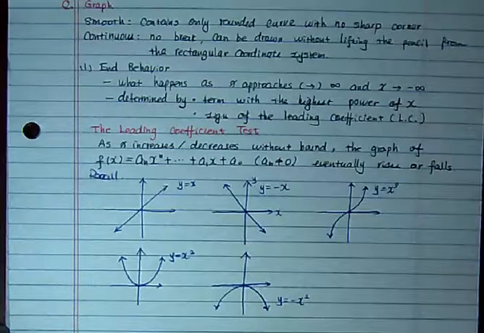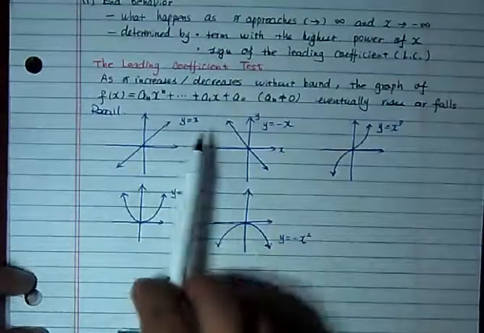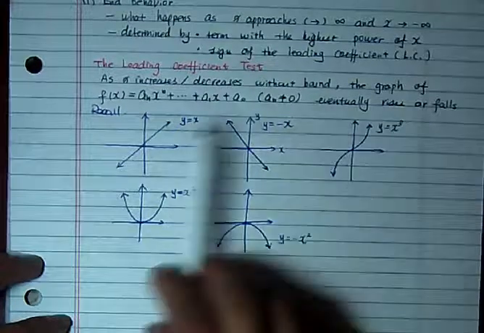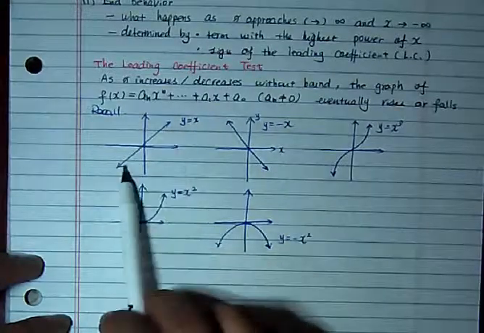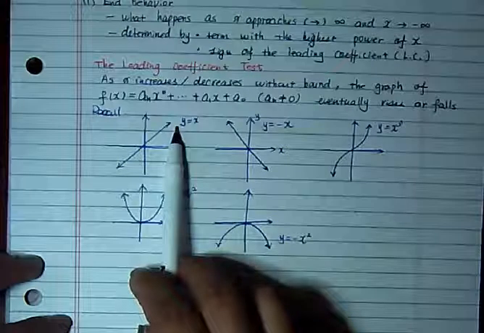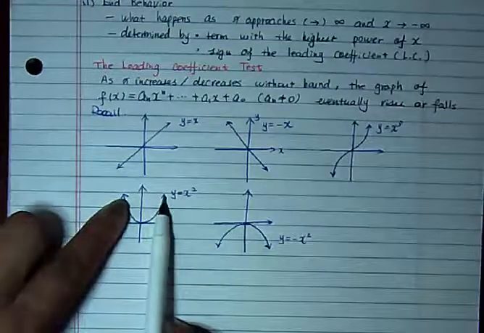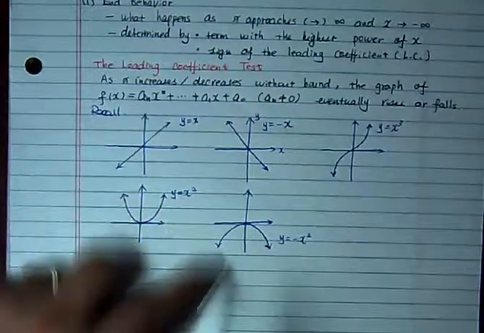What I mean is that math is just patterns. When the exponent is an odd number, the opposite sides behave differently. When the exponent is an even number, the opposite sides behave the same.